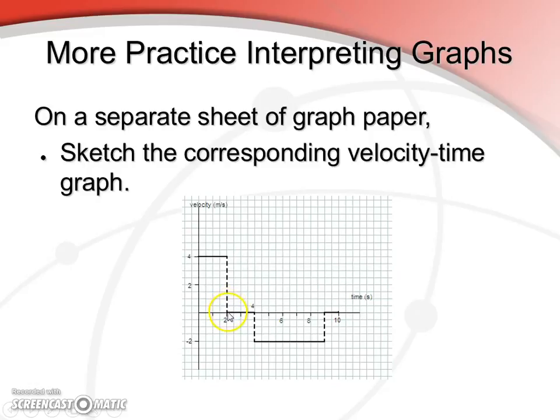There's a discontinuity. Then we're at 0 meters per second for 2 seconds. Remember, this is velocity, so there's direction: negative 2 meters per second from 4 seconds to 9 seconds. Another discontinuity, and then 0 meters per second for the last 1 second segment.